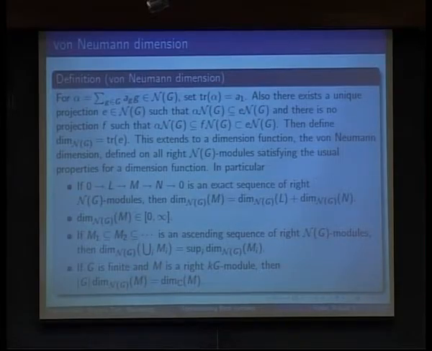And if you have an ascending sequence of right N of G modules, then the dimension of the union is the supremum of the dimensions. Of course, this is false if you replace union with intersection and sup with inf. If G is finite, then you're really just taking the dimension of M over C, but you have to divide by the order of G.